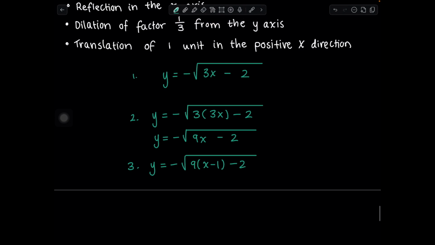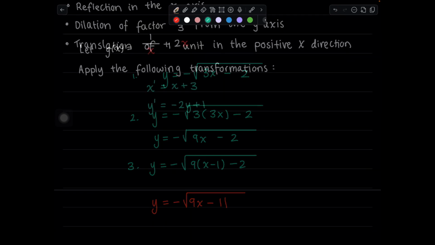And when we expand this, we get y equals negative root 9x minus 9 minus 2, and minus 9 minus 2 is equal to negative 11. So that would be our final answer.